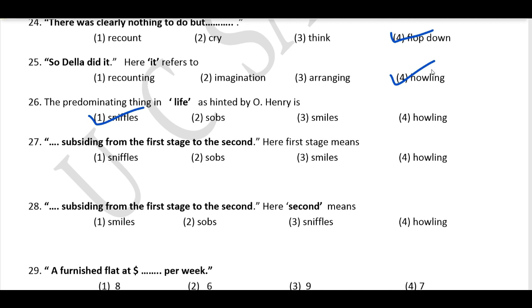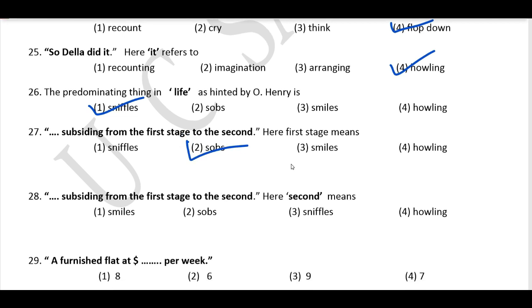From first stage to the second. So the answer is sobs, because the first stage is sobs, second is sniffles, and the last one is smile. Okay, so 2.